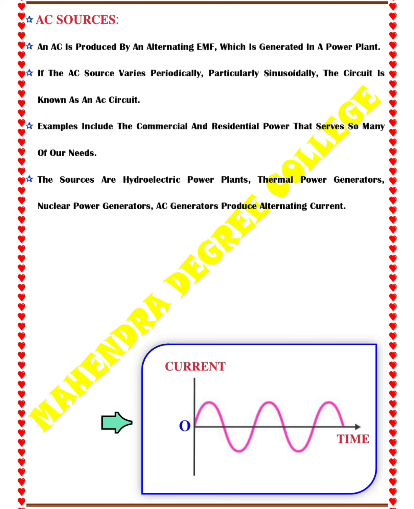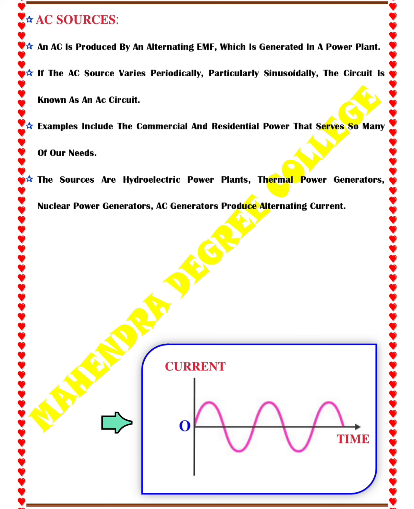Point zero is the origin where both time and current are zero. The current starts increasing from zero, goes to a maximum, comes back to zero, becomes negative, and so on.